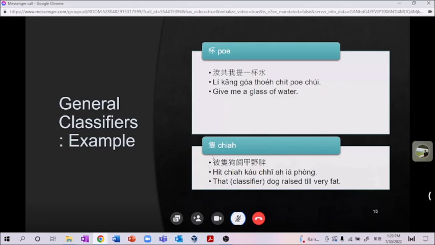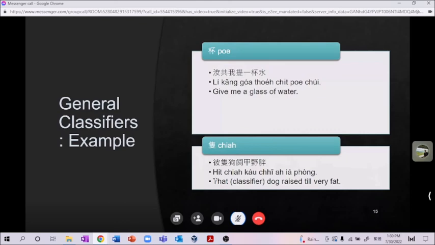And some more sentences. We have another classifier, poi, which is a measure word for cups, an amount of cups. Di kangwa tue, jipoi zui. Give me a glass of water. It's a command statement. Hitja kao chia ya pong.